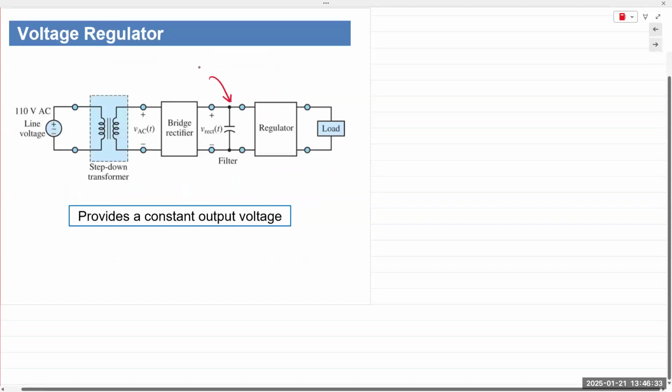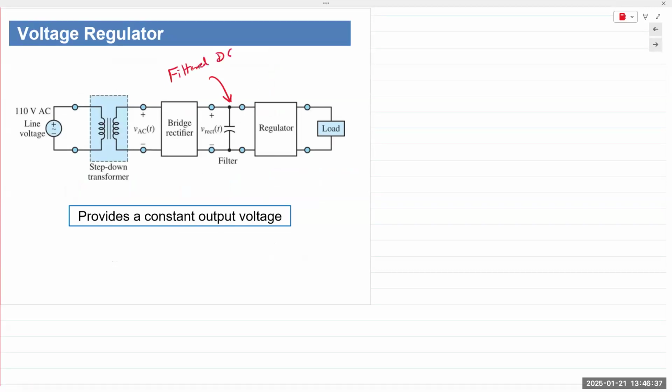So here you would have a filtered DC output with a ripple, and we'd feed it into a regulator circuit, and the output of the regulator circuit would be a flat line.